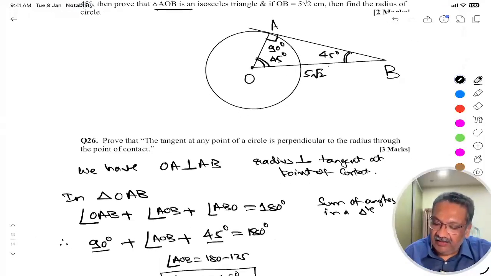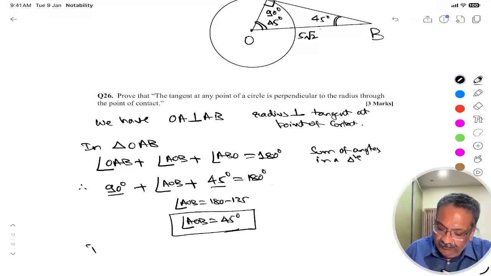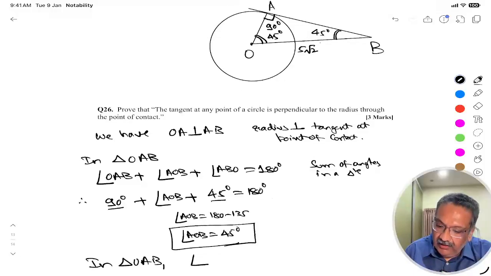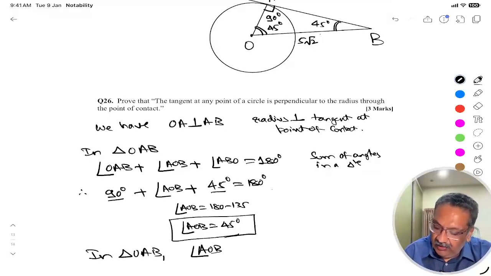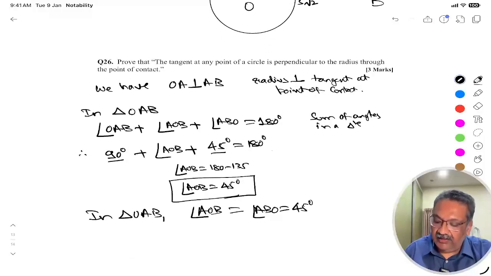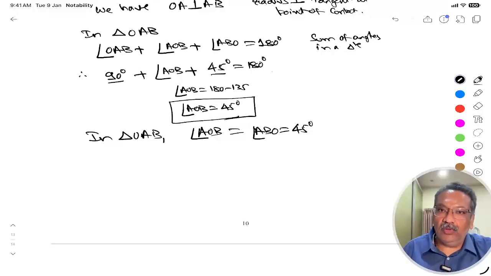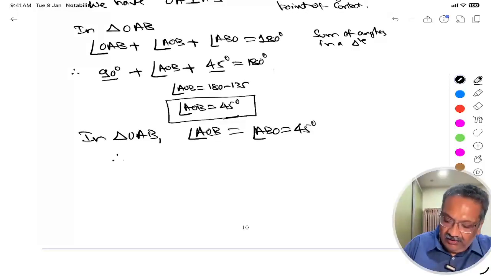So, in the triangle OAB, angle AOB is equal to angle ABO, which is equal to 45 degrees. Since two angles are equal, therefore triangle OAB is an isosceles triangle.